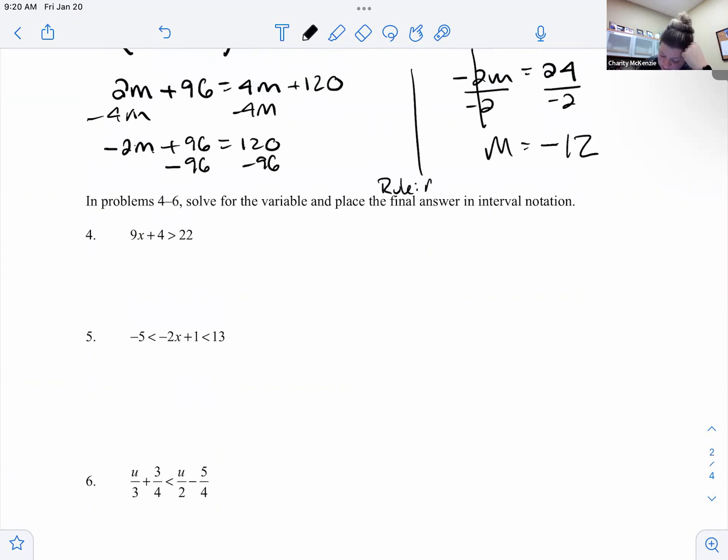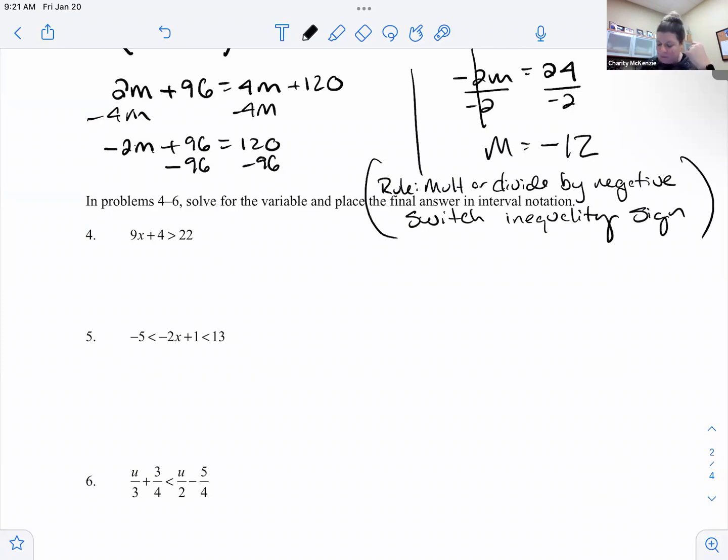If you multiply or divide by a negative, then you need to, I did not leave myself enough room, switch inequality sign. Okay, that's our one rule. So if you multiply or divide, you have to switch inequality.